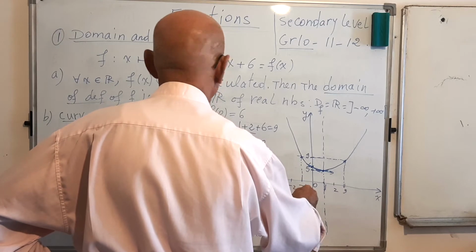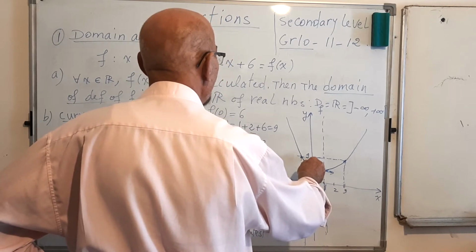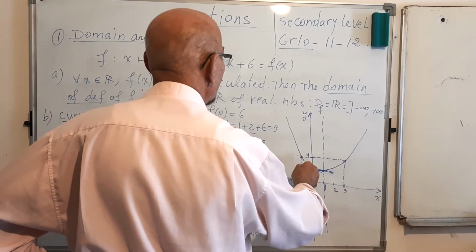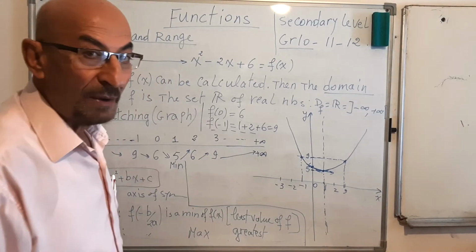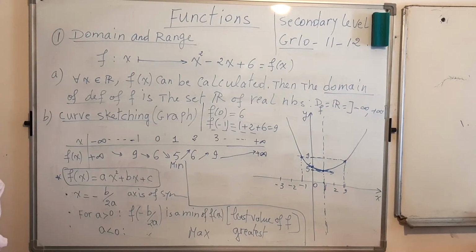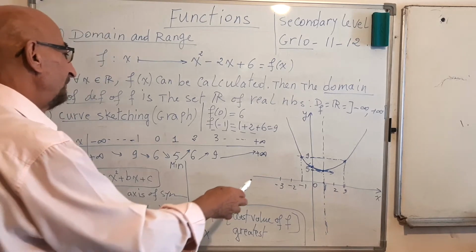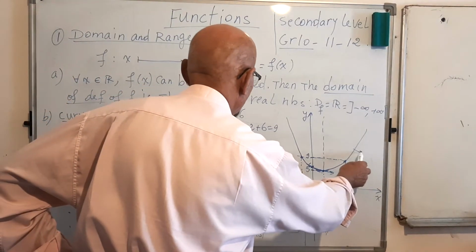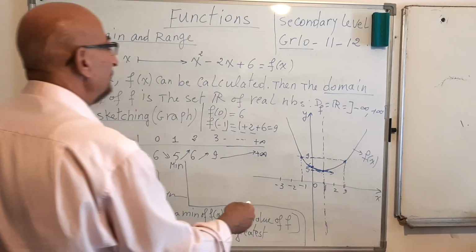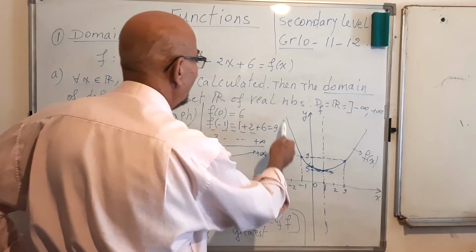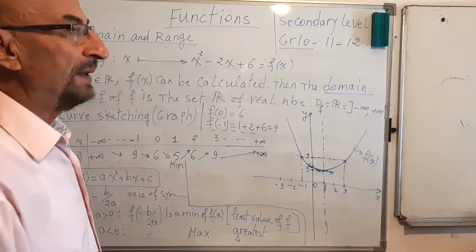For x equals minus 1, also y equals 9. And we join the points, we obtain the sketch of the function f of x. The form of the curve is a parabola.